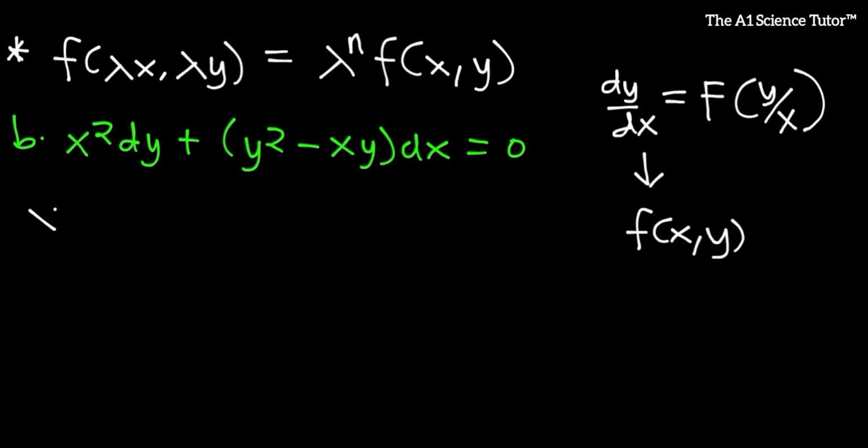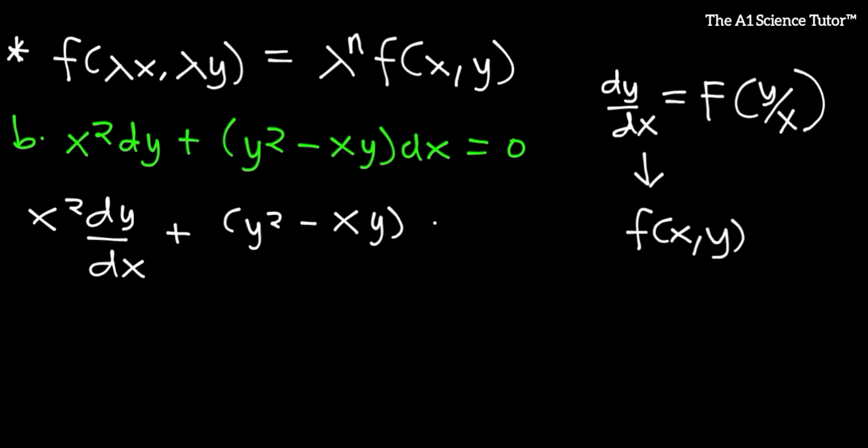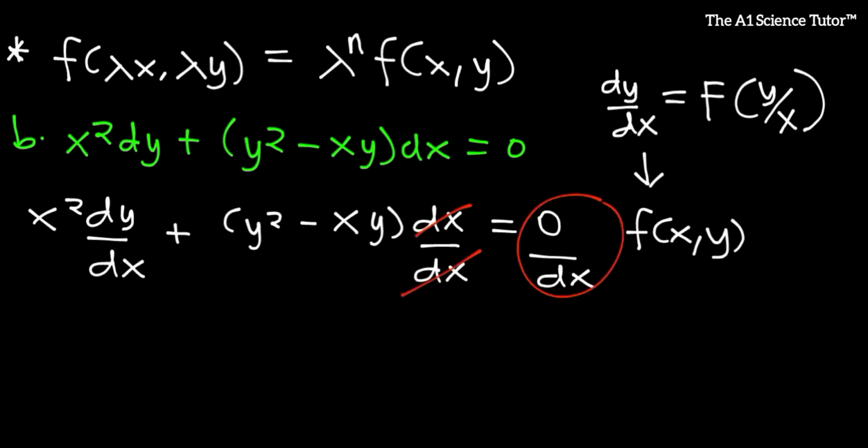So here we're going to have x squared dy divided by dx, and here we're going to have y squared minus xy dx divided by dx, and here we would have 0 divided by dx. Now obviously this can cancel out, and anywhere you have 0 divided by anything, that takes you back to 0. So this is what I'm going to have.